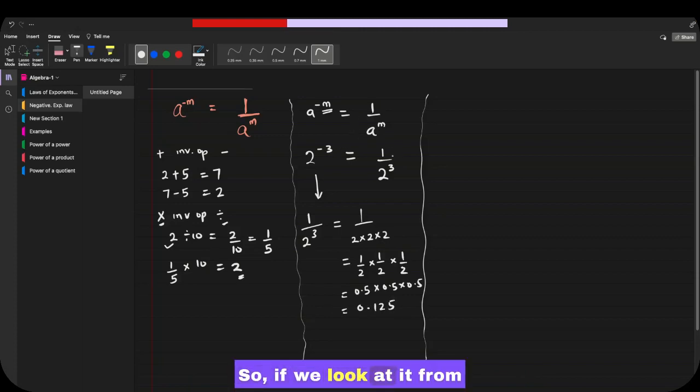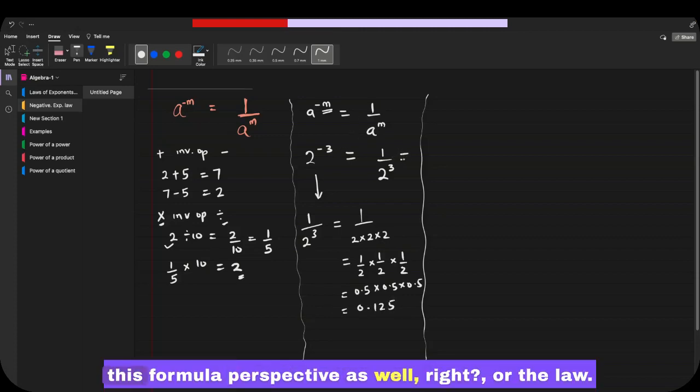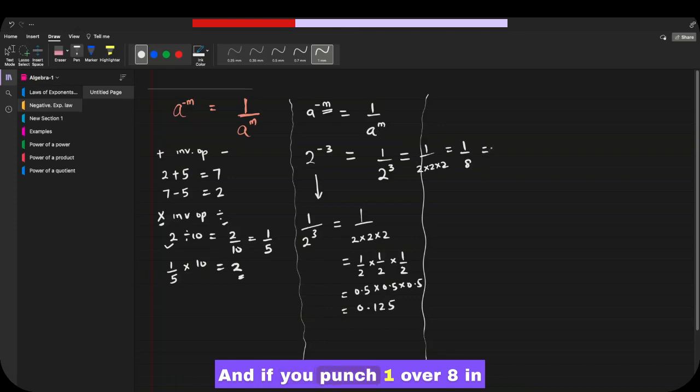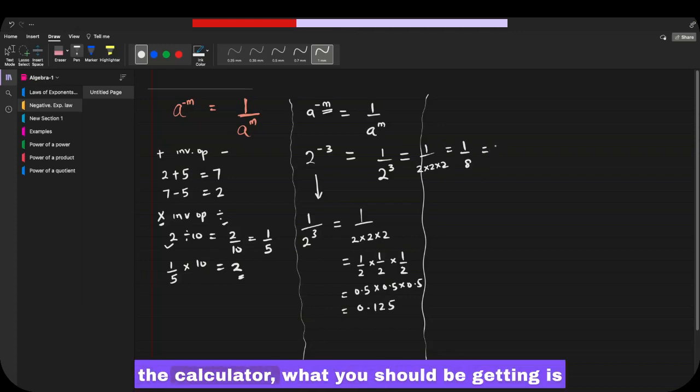So if we look at it from the perspective of the law, what the law says we should do, 1 divided by 2 times 2 times 2 is equal to 1 divided by 8, right? And if you punch 1 over 8 in the calculator, what you should be getting is 0.125, which kind of proves the law.